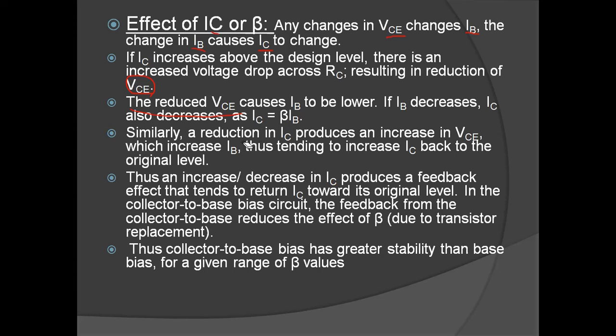Similarly, a reduction in IC produces an increase in VCE, which increases IB, thus tending to increase IC back to the original level. Thus an increase or decrease in IC produces a feedback effect that tends to return IC towards its original level. In the collector to base bias circuit, the feedback from collector to base reduces the effect of beta due to transistor replacement. Thus the collector to base bias has greater stability than the base bias for a given range of beta values.